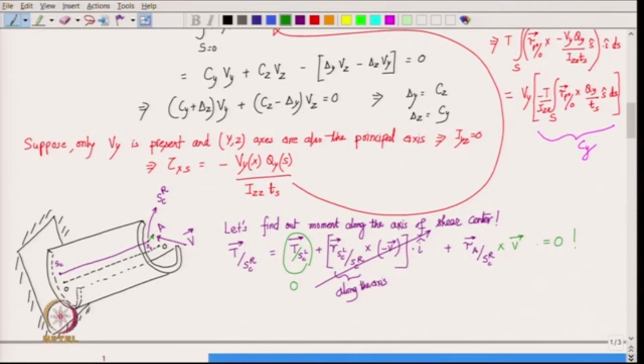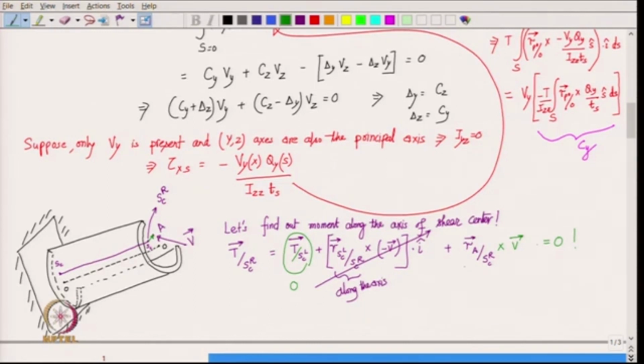This will be 0 only if A and SC^R, the shear center of the right cross section, are coinciding, or the shear force V is acting along a line such that the line of action is passing through the shear center.